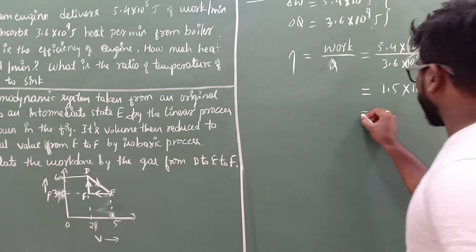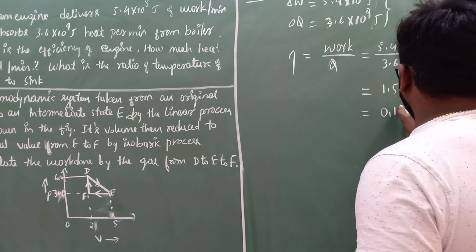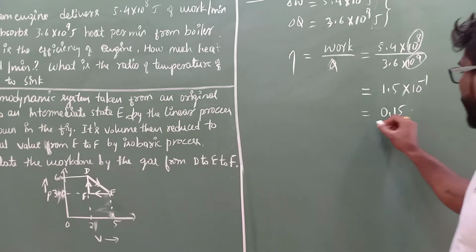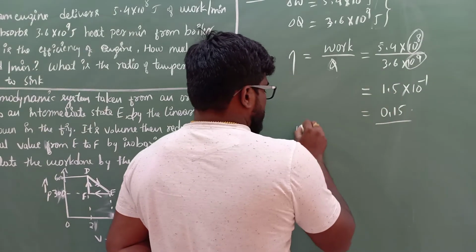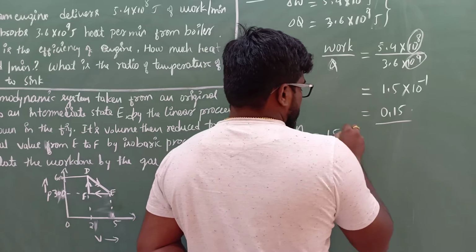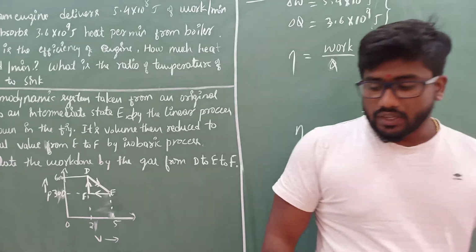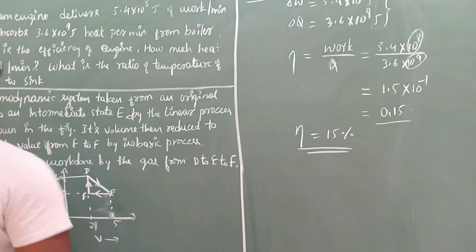So the value is 0.15, the efficiency of the given engine. The percentage is around 15%. For the given heat engine, the efficiency is 15%.